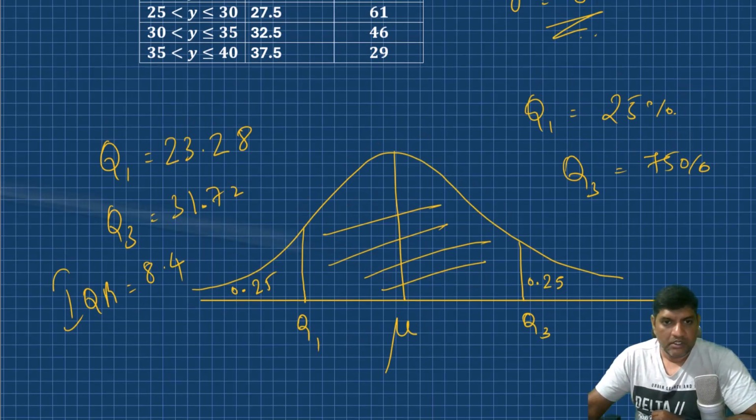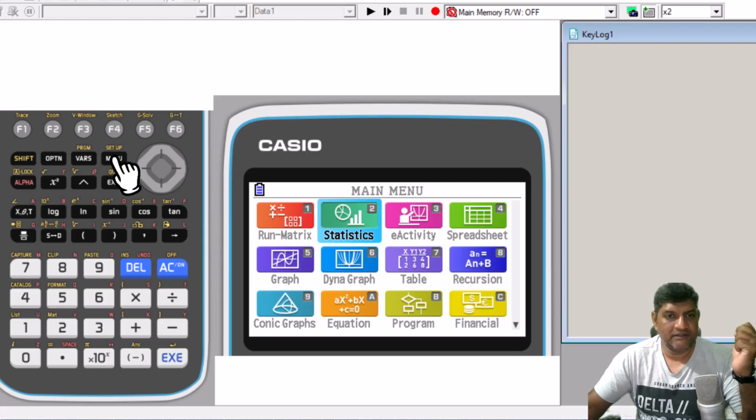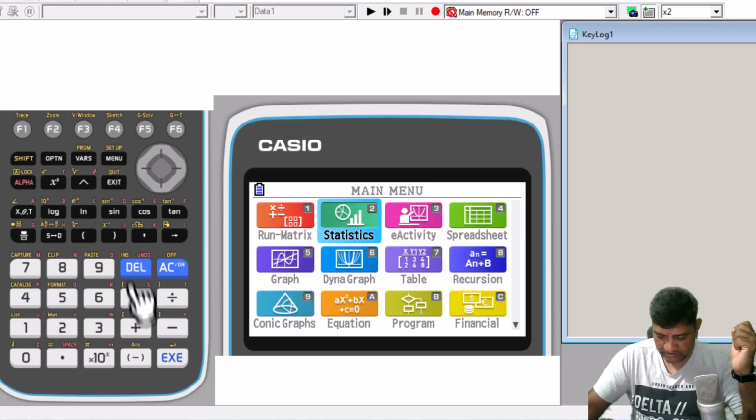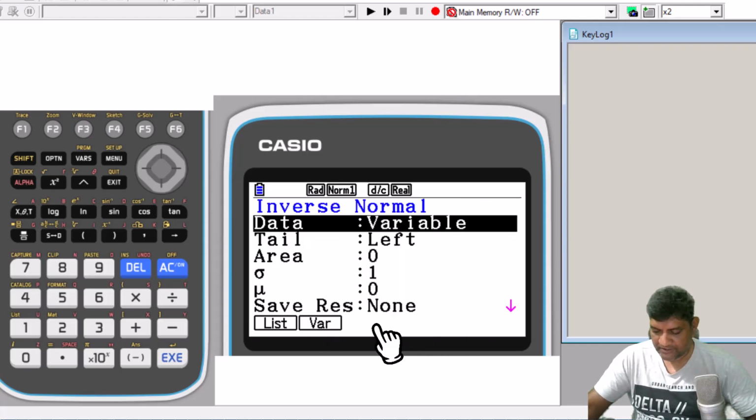Let's quickly look at Casio. On Casio, we're going to go to the option of statistics. Under statistics, we will choose distributions, and under distribution, we're going to choose normal, and then we go for inverse normal. The data is going to be variable.